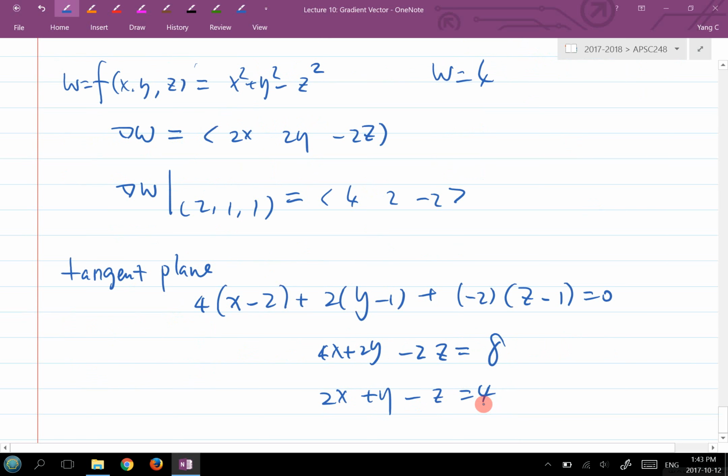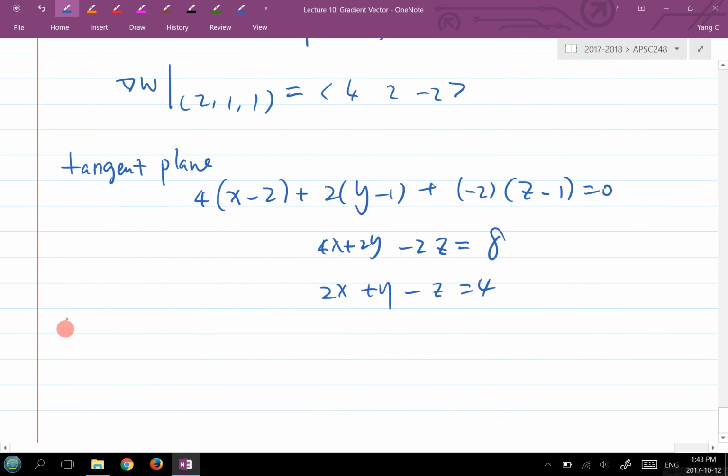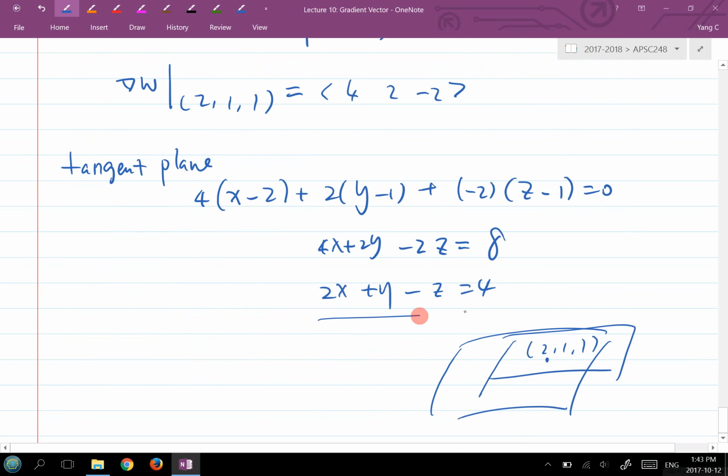Good? So I want you to try another question yourself. If this is the surface, and this is the point (2, 1, 1), then you can create this plane, which is this one here. So this is del f.